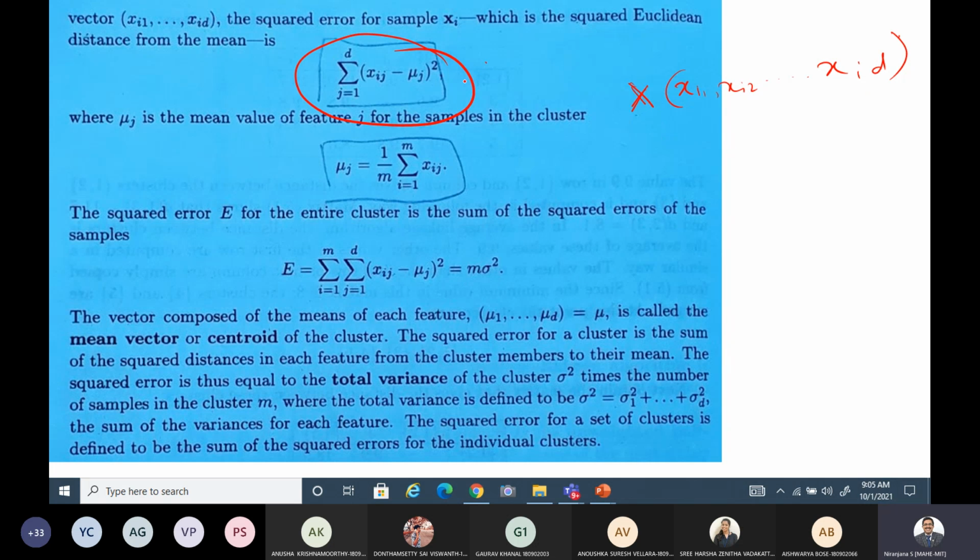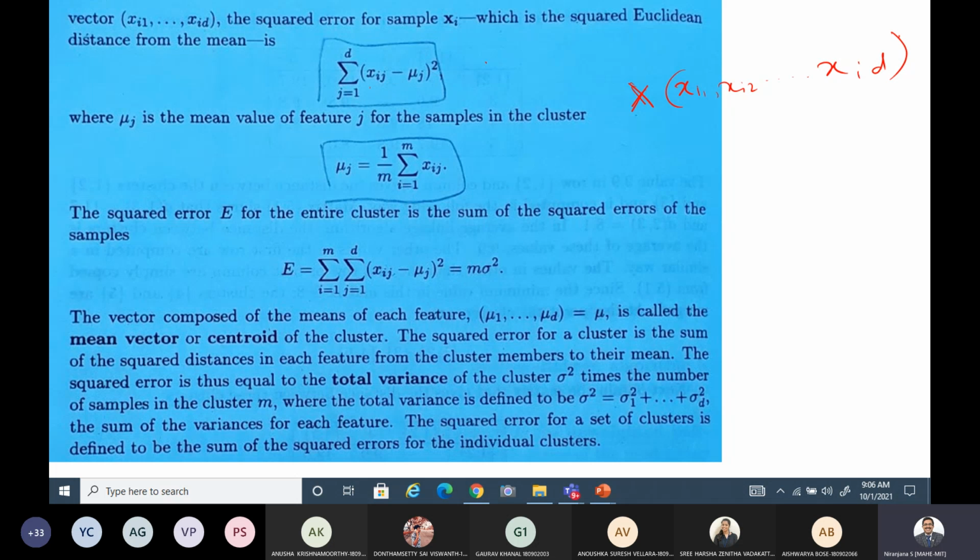Now try to understand this relation. We do the summation of all the errors, or we can say squared errors, because you are calculating (xij minus mu j) whole squared. So it is how much it is away from the mean, and you are taking the square of that, right?